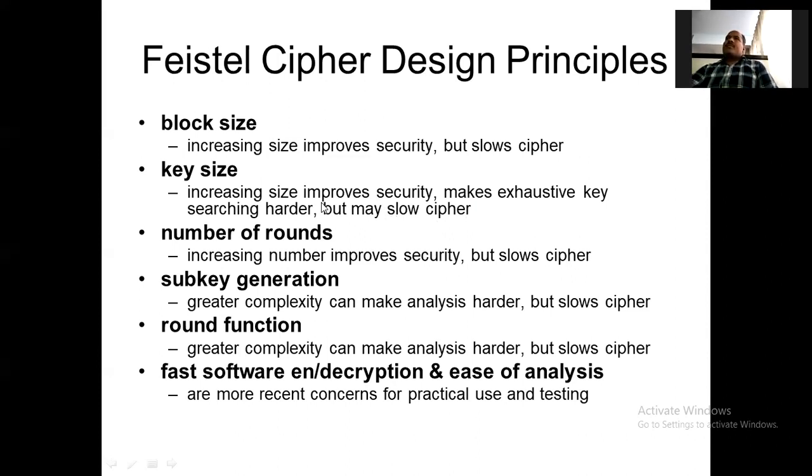If you increase the size of the key here, it is going to slow down the working of the cipher. For the number of rounds, increasing the number improves security but slows the cipher. For subkey generation, greater complexity can make analysis harder but slows the cipher. For the round function, greater complexity can make analysis harder but slows the cipher.